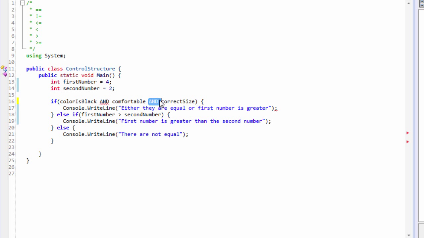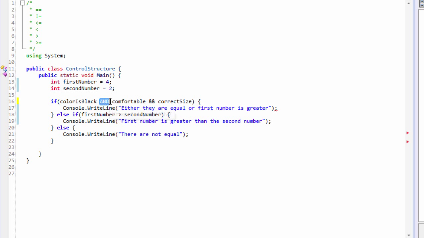These ANDs are used in English. But when we try to talk in a programming way, or when we try to talk to our computer using our programming languages, then we don't write AND, but we do have a special symbol that exactly represents the AND that we use in English, and that's known as the logical AND operator.